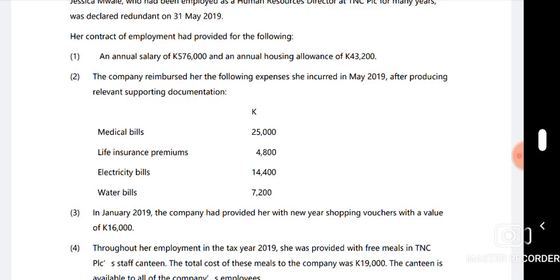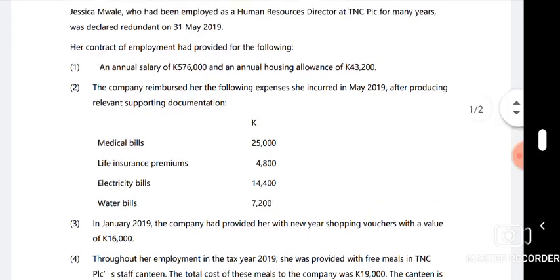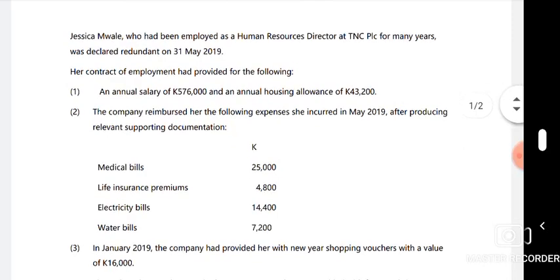So you just count the months from January to May, because a tax year runs from 1st January to 31st December, right? So you want to just take that period that she's worked for. You don't want to start overstating anything. So you just take the 5 months, that's as of 31st May. So 5 months of 576 is what you will get.